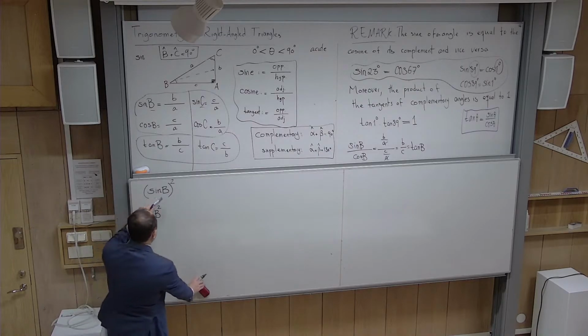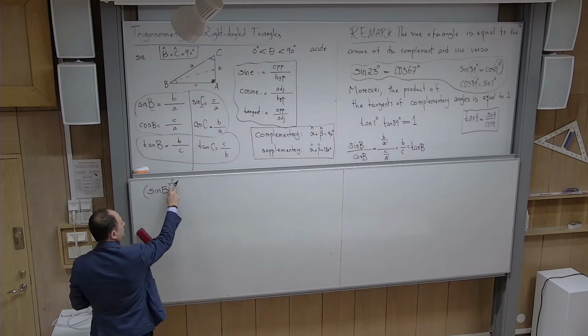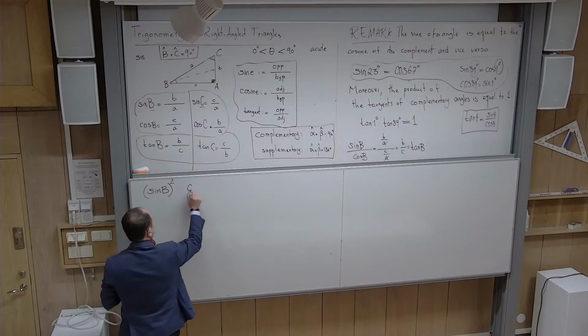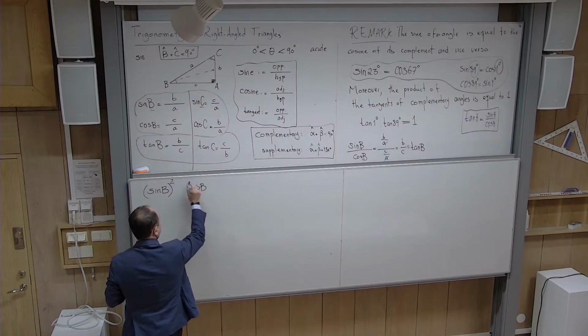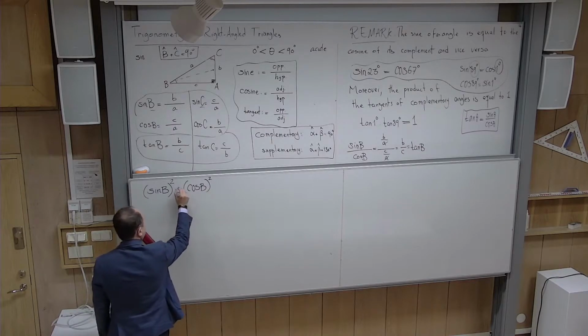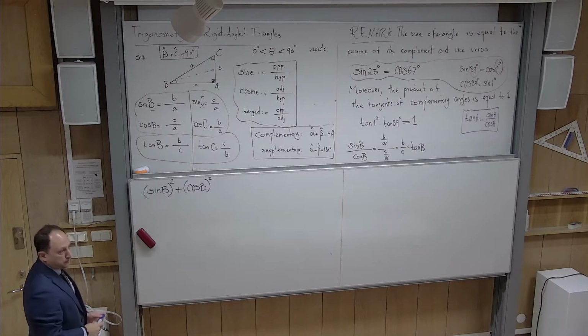But whatever b is, sine of b is a pure number. And if you have a pure number, you can easily raise it to power 2 by multiplying that number by itself. So assume that you have done it for sine b. You will also do it for cosine b, and then raise them to power 2, and then add these two results. Okay, so let us see what happens.